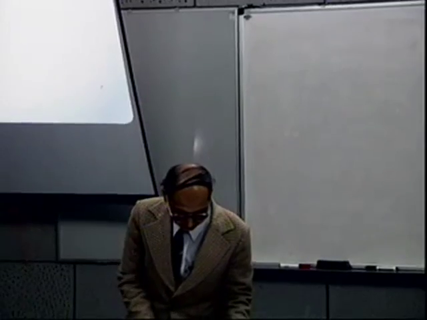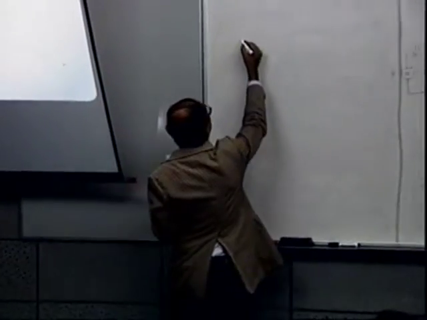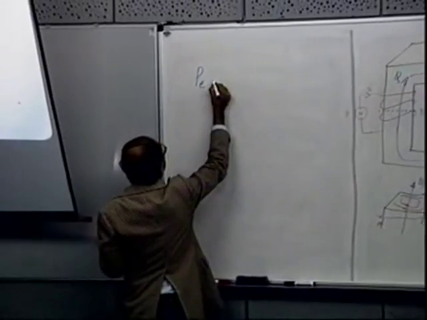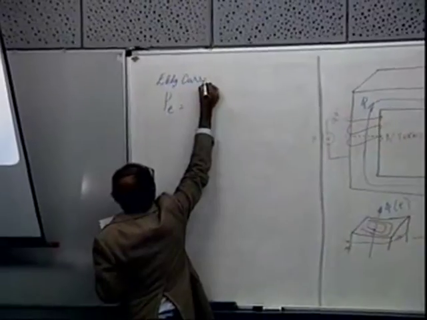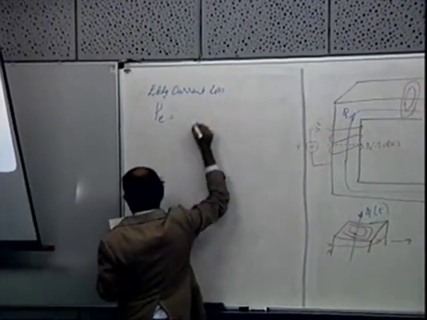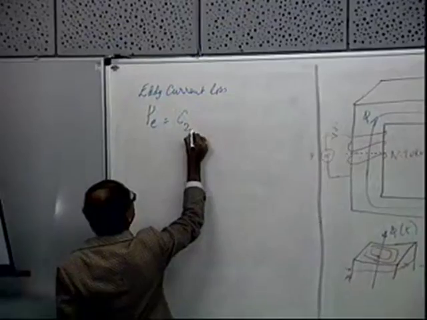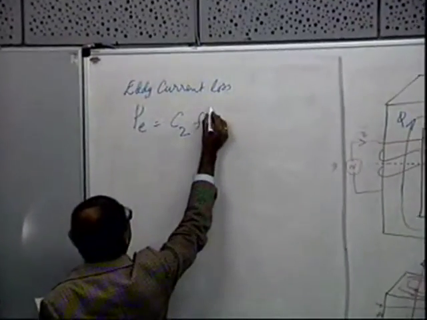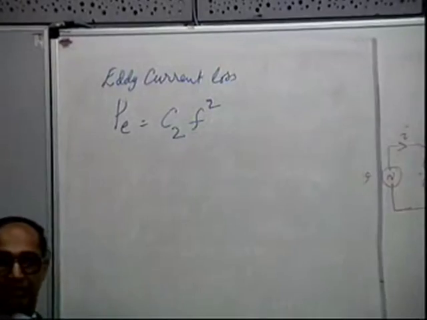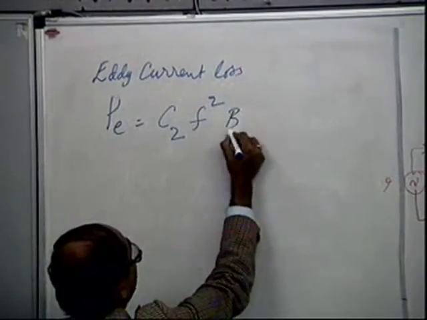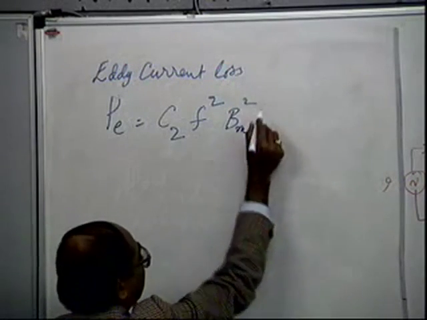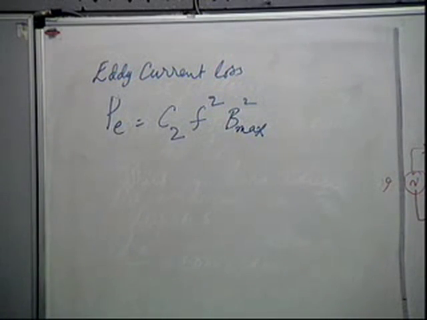So a similar expression for eddy current loss will be like this. PE, that is eddy current loss, is some constant C2 into F square, because it is I square R, which is proportional to V square, and it is also proportional to B max square, because it is basically V square by R, where V is the voltage induced because of the flux.